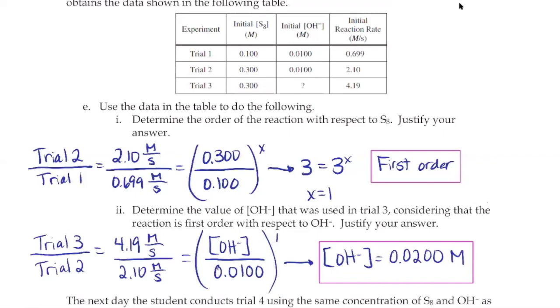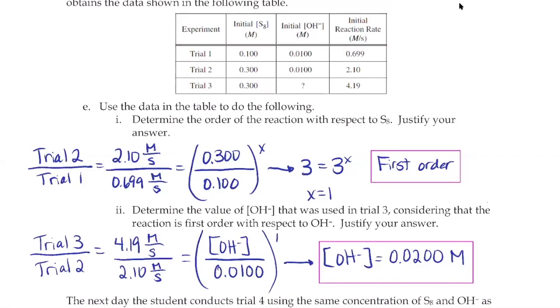If you do 2.1 divided by 0.699, that's roughly 3. And 0.3 divided by 0.1 is also 3. So if we simplify, we have 3 equals 3 to the x, and so x must be 1. We would say it's a first order reaction with respect to sulfur.